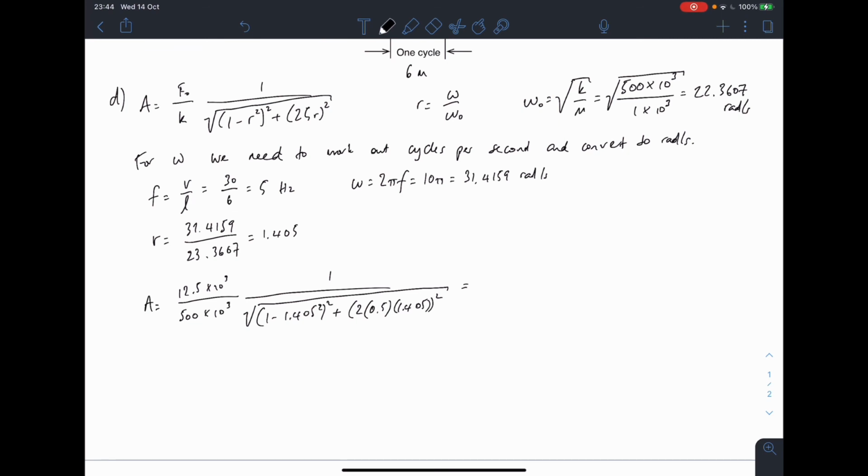And if you do that sum, that should come out to be 0.0146 meters. So 14.6 millimeters.